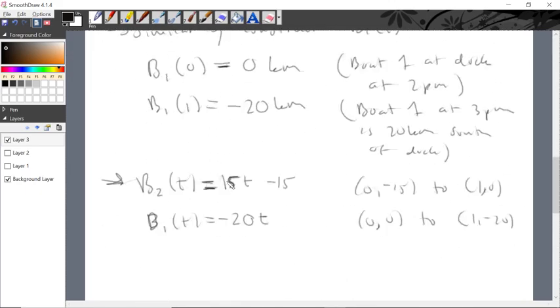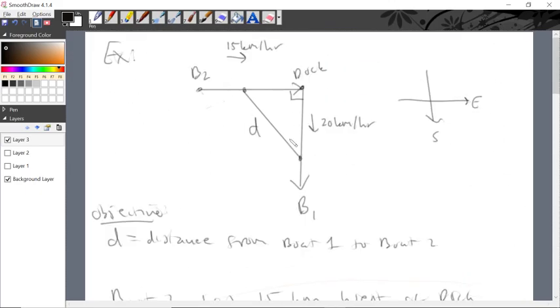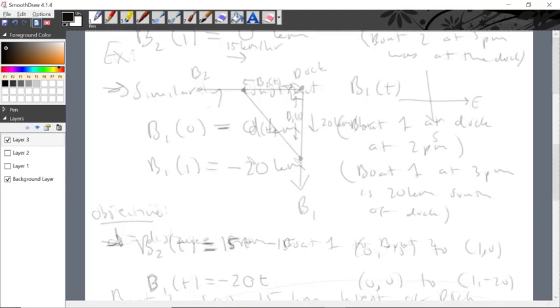Now for the distance between the two at any given time, we need the distance for boat 2 from the dock at that time, and we need the distance for boat 1 from the dock at that time.